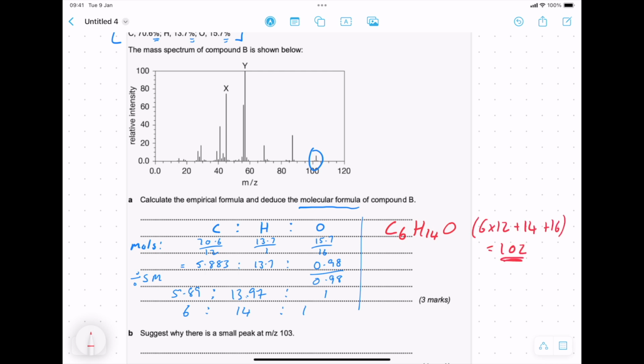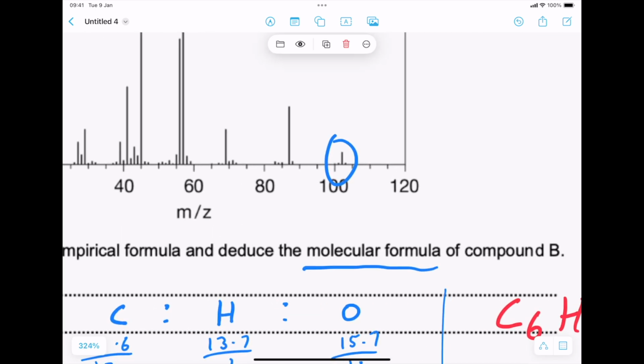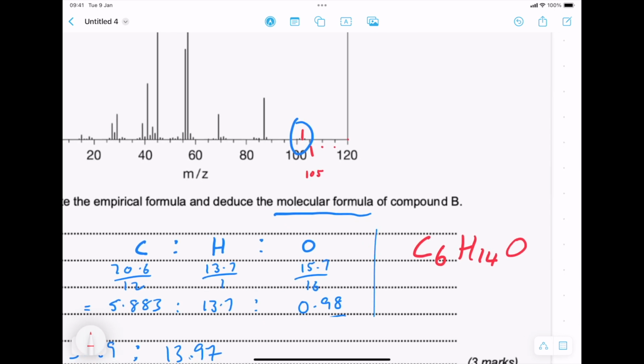Now the next thing I need to do is work out the RFM of the empirical formula. C6H14O is 102. As I said previously, this number will divide into the RFM of the molecular formula a whole number of times. If we look at the graph and zoom in, you can see the divisions on the scale: that number there is going to be 105, that would be 110, that would be 115, and that would be 120, which means the peak I've just gone over is around 101, 102.